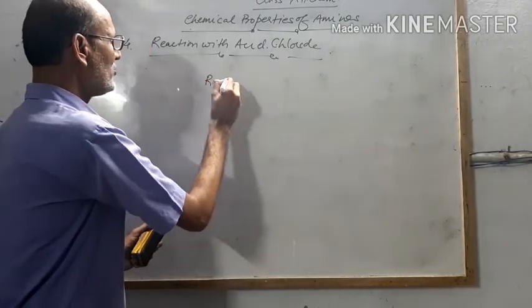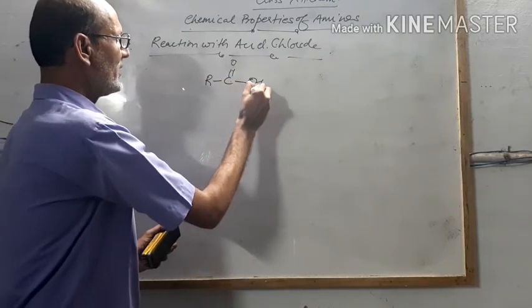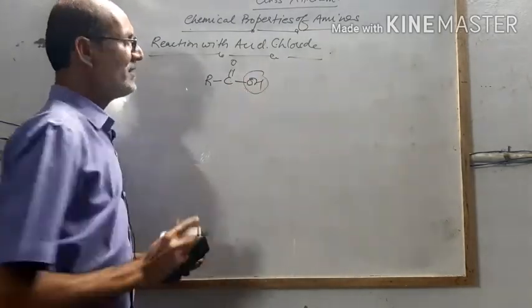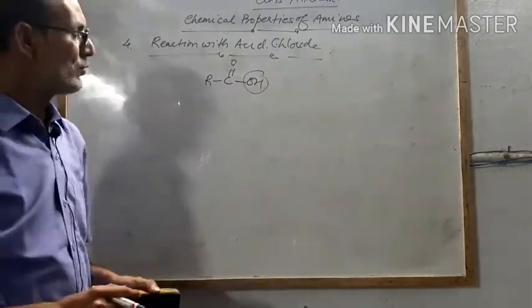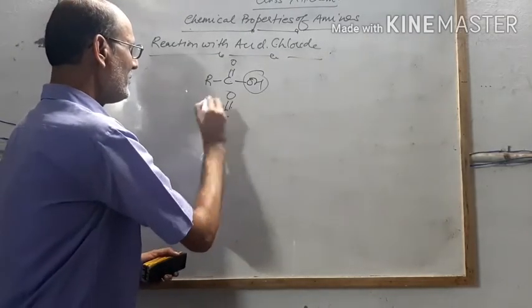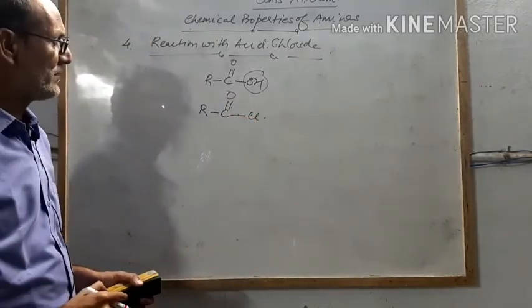As you know, the formula of an acid is R-CO-OH. When this OH is replaced by chlorine, it forms R-CO-Cl. This is acid chloride.